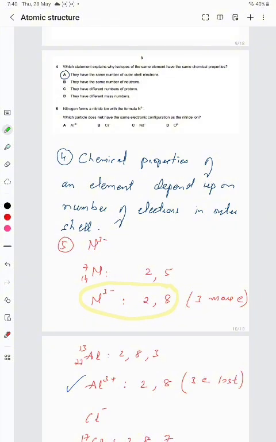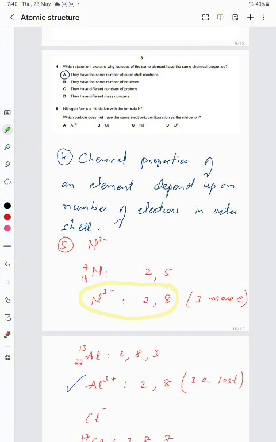Question number 5. Nitrogen forms a nitride ion with the formula N3 negative. Which particle does not have the same electronic configuration as the nitride ion? Once again, you have to draw the electronic configuration of all the particles given in the choices, and then you compare.